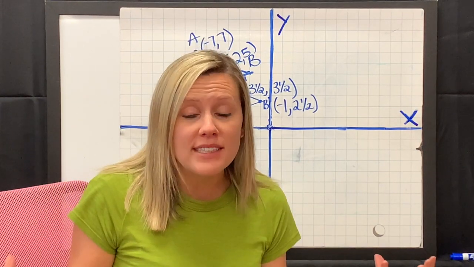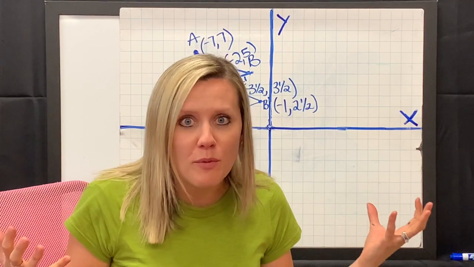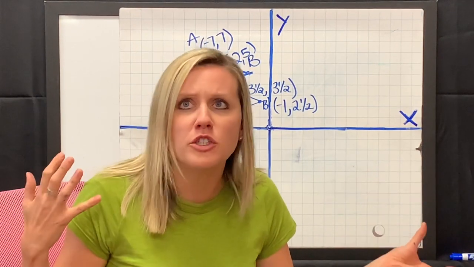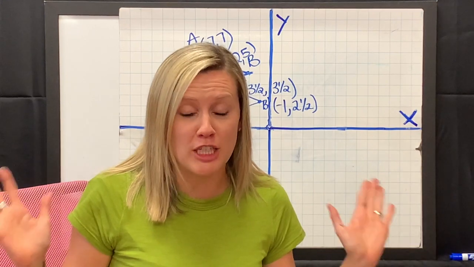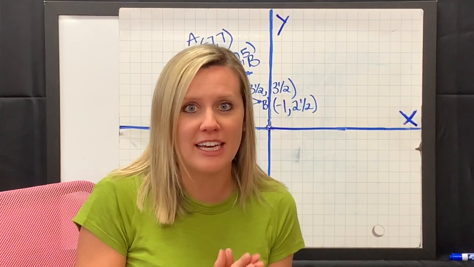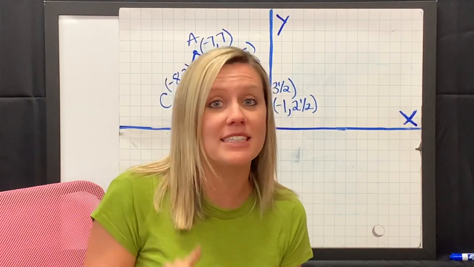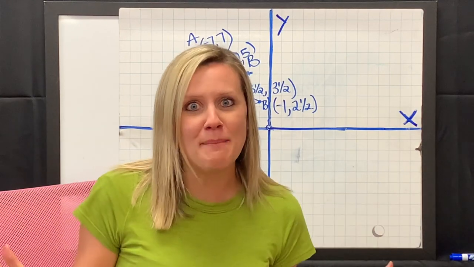If you have a scale factor of a number larger than 1, 1.1, 10, 100, 1.5, that is always going to make your shape bigger. And then lastly, if you are dilating a shape by the number 1, it is going to stay the exact same size. I hope that makes sense to you.